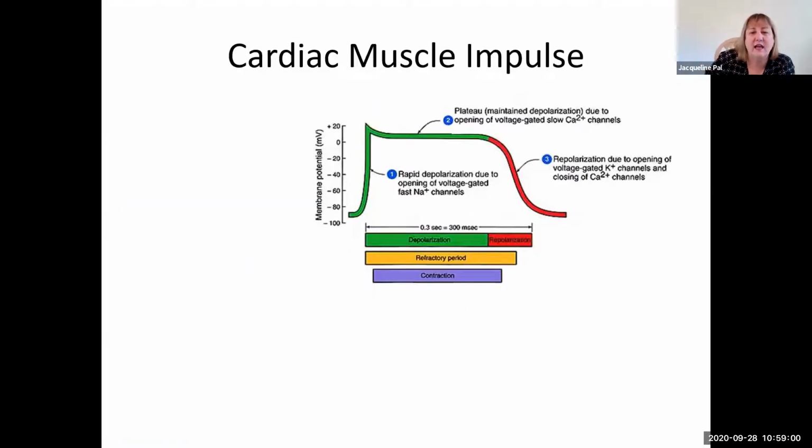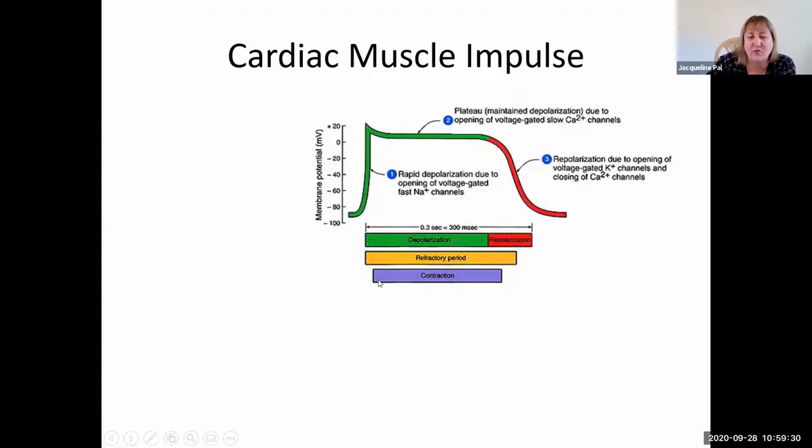Taking this picture, where we can see in green the depolarization due to sodium and calcium, and in red the repolarization due to potassium, we can see that the refractory period is entirely during the sodium and calcium ion movement, as well as the beginning of the potassium ion movement.